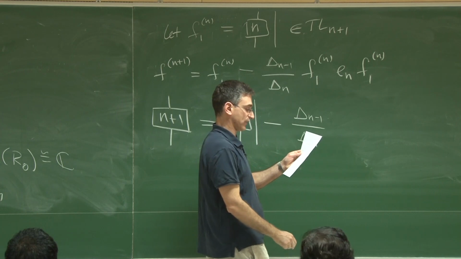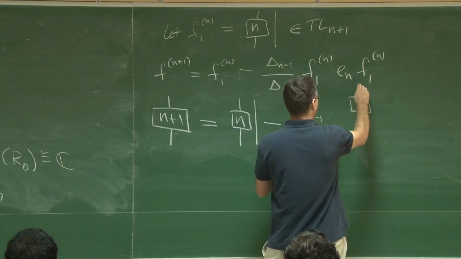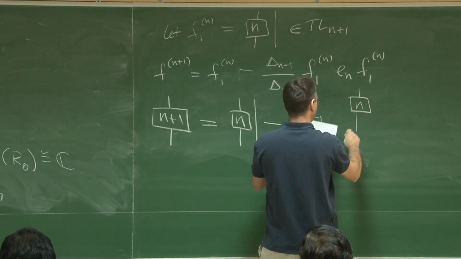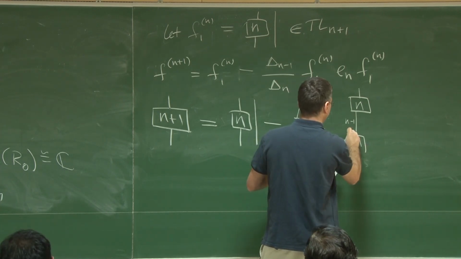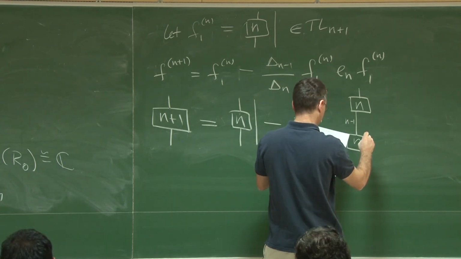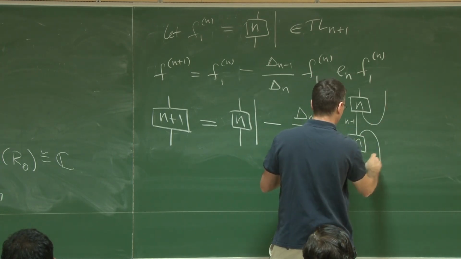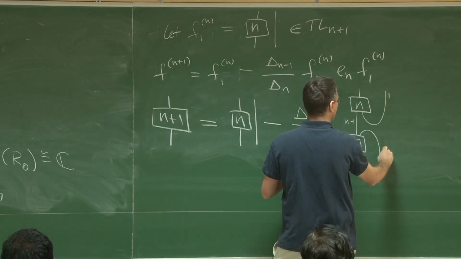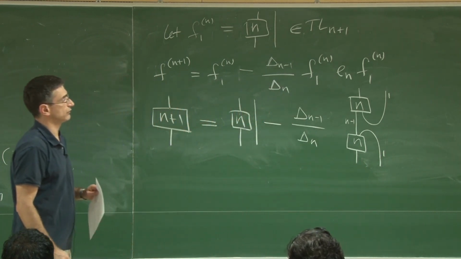Graphically, it looks like this, where n minus 1 strands come down to the next idempotent. Then this goes up, and this goes down. So this is just one little strand. Okay, so that's that picture.